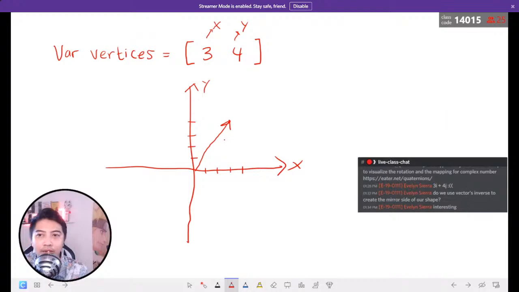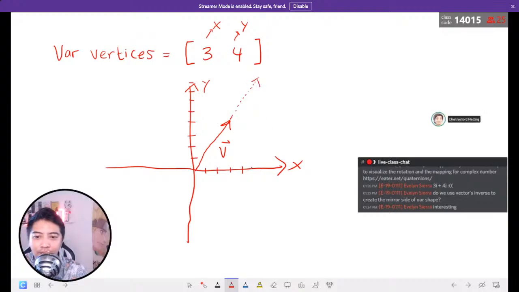Okay, now let's say that we call this particular vector V. I'm sorry if the scale is not really correct. This is 1, 2, 3, 4, 5, 6, 7, 8, approximately like this.